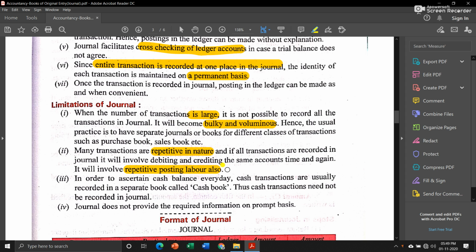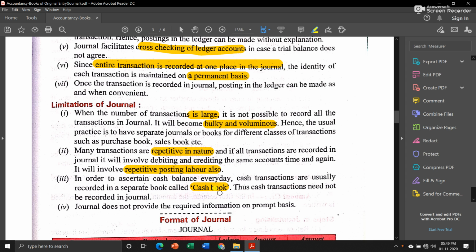So instead of just posting in journal, those repetitive transactions can be directly recorded in the ledger.